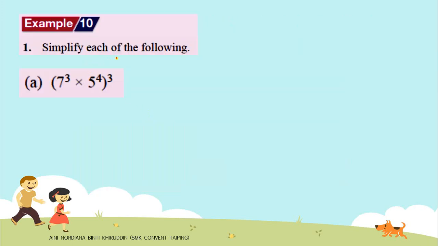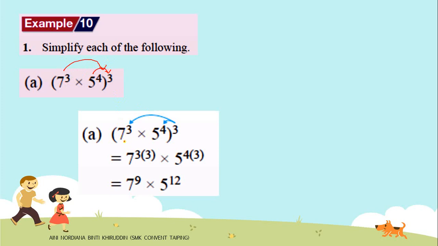So simplify each of the following. Don't forget you have to expand like this. So 7 to the power of 3 times 3 and 5 to the power of 4 times 3. So this is the answer. 3 times 3 is 9. 4 times 3 is 12.